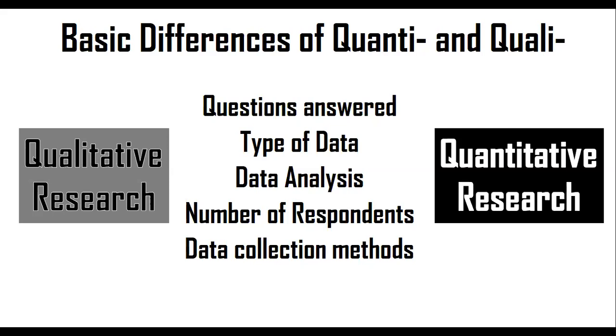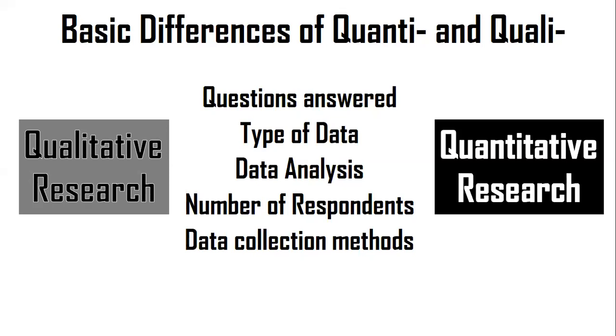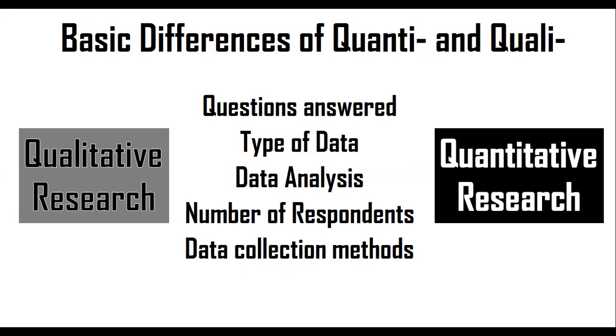Let's go to the third one, the data analysis. In data analysis, the qualitative research is analyzed by summarizing, categorizing, and interpreting. One of the basic differences between qualitative research and quantitative research is the amount of information that you gather.